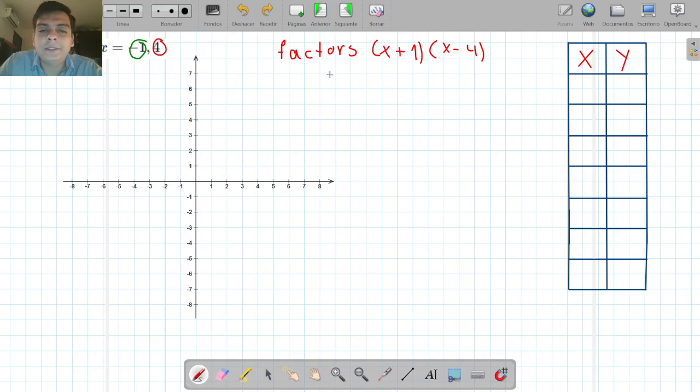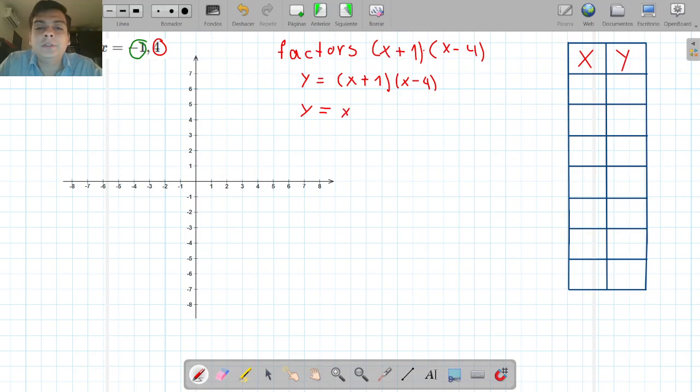And what I'm going to do is expand this multiplication. So we have x plus 1 and x minus 4. We multiply and we finish. We don't even have to graph.